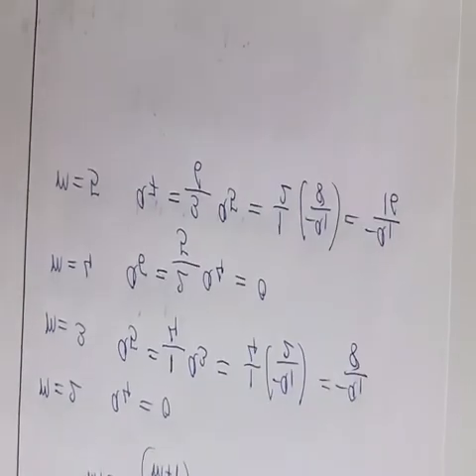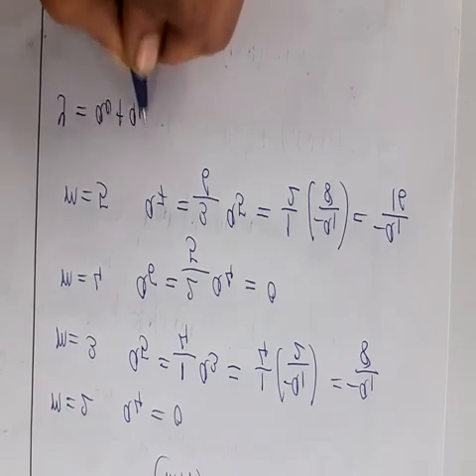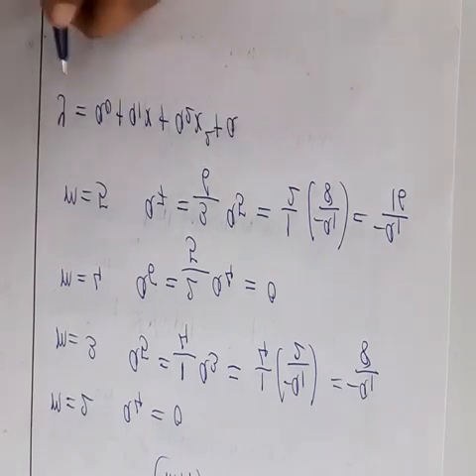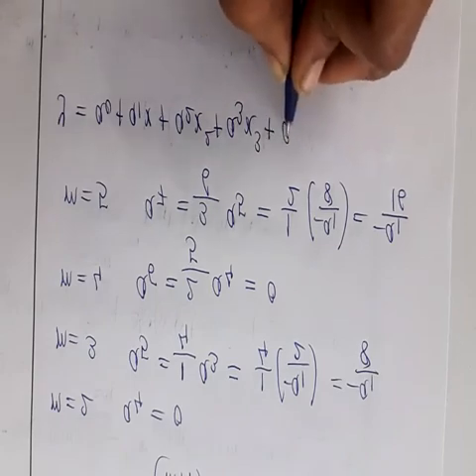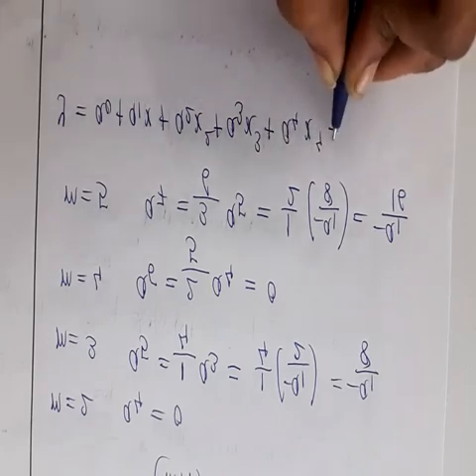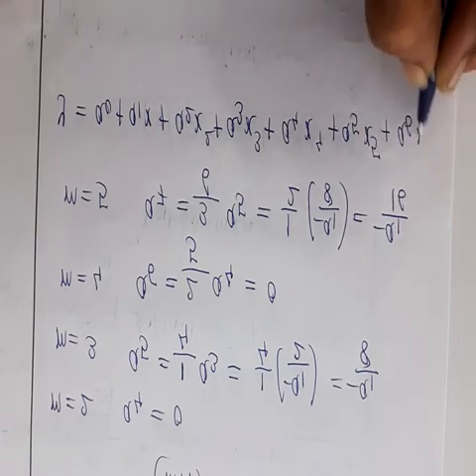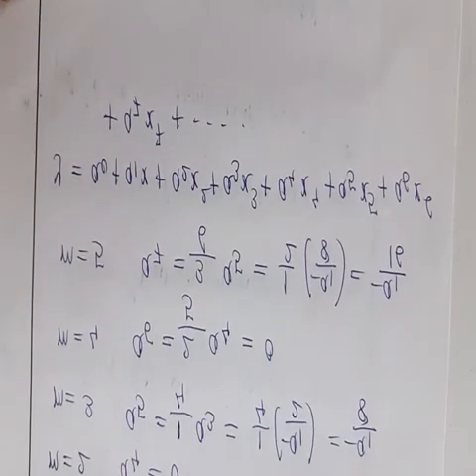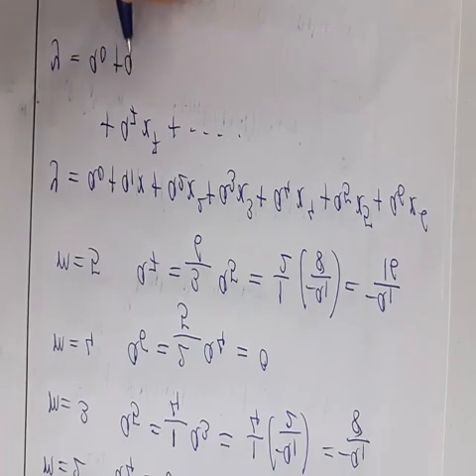Now substituting in the power series, y is equal to a0 + a1x + a2x² + a3x³ + a4x⁴ + a5x⁵ + a6x⁶ + a7x⁷ and so on. You can write maximum up to 5 powers. So y is equal to a0 + a1x as it is.